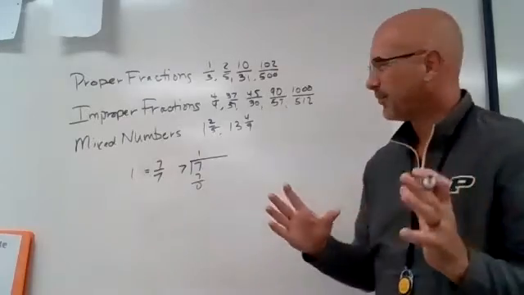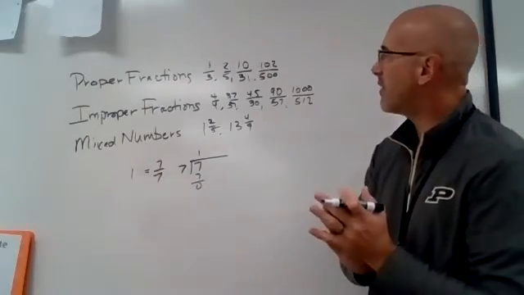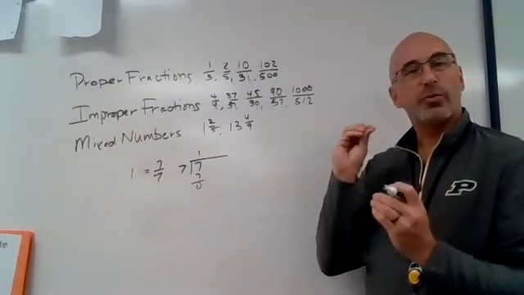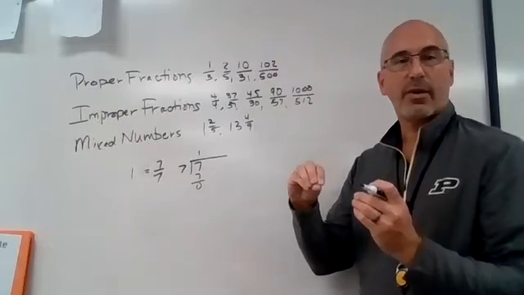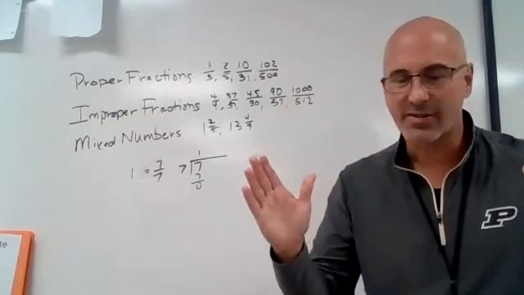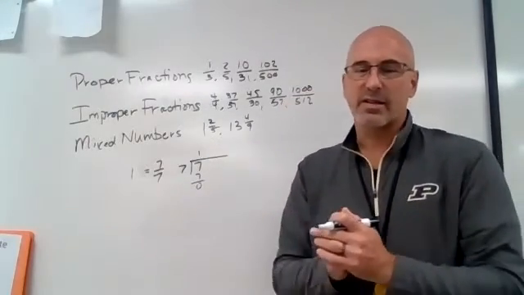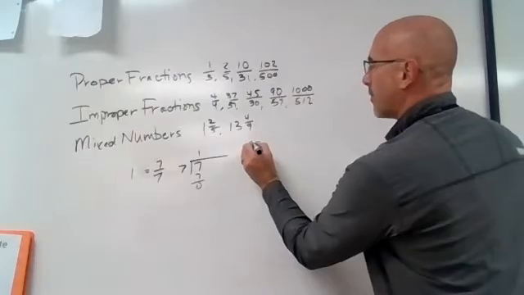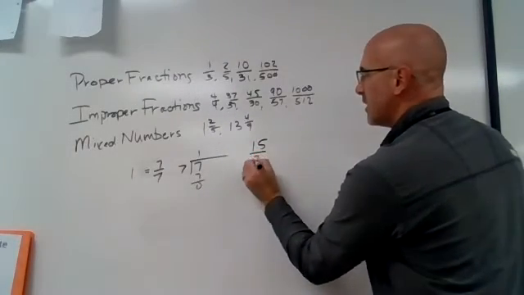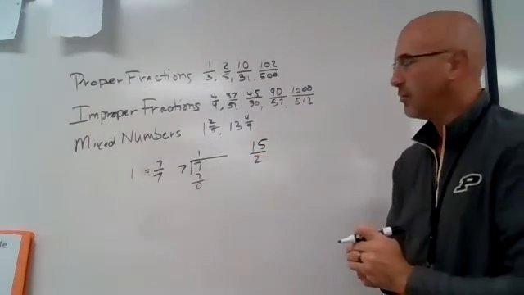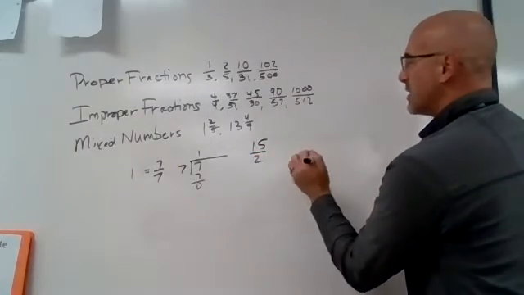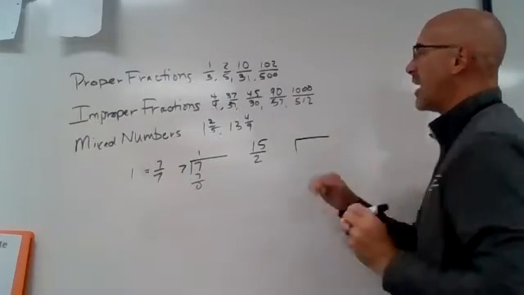So anytime we have the numerator equal to the denominator, it is equal to 1. That's the easy one. Now, what happens when we have something where the numerator is greater than the denominator? Guess what? We still divide. So for instance, let's look at the improper fraction 15/2.